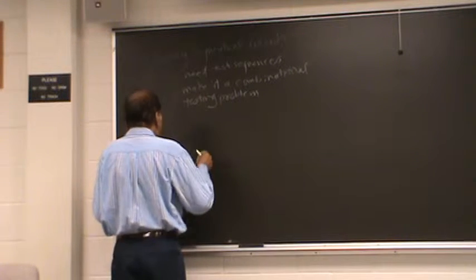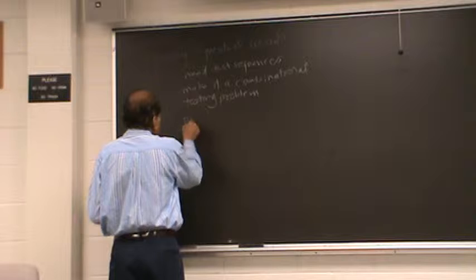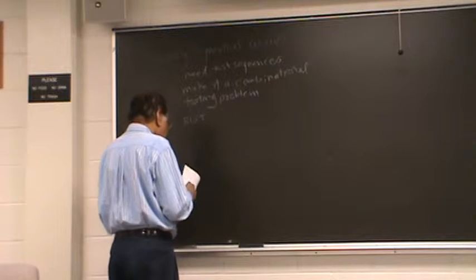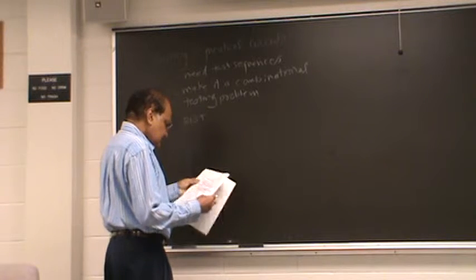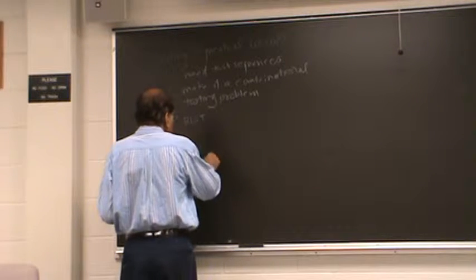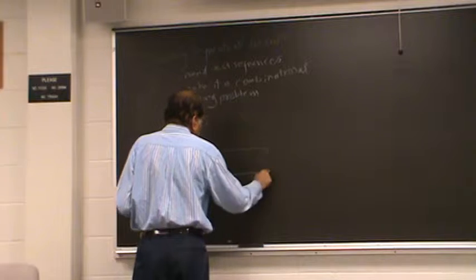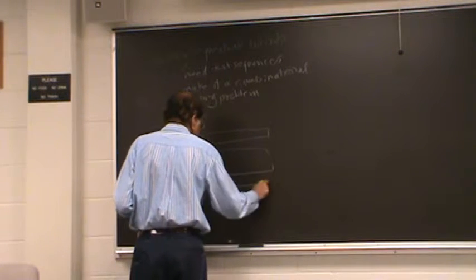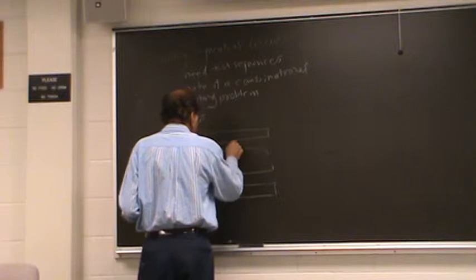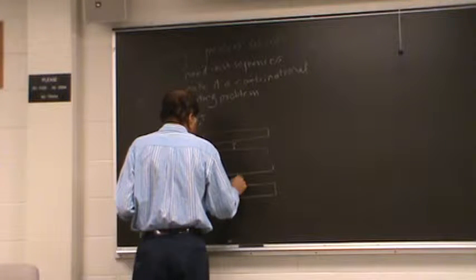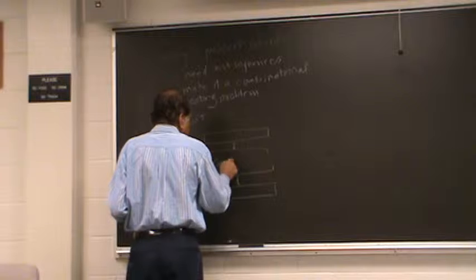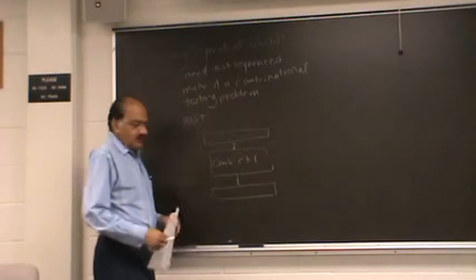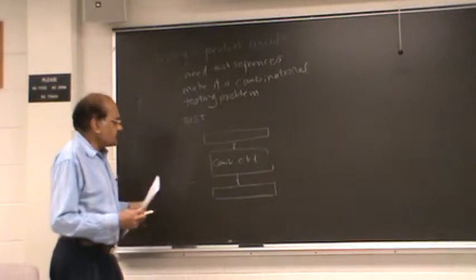Now I was mentioning the BIST approach. This works well when you have a combinational logic which is sandwiched between two registers. So this is the combinational logic, and we assume all the faults are in the combinational logic.